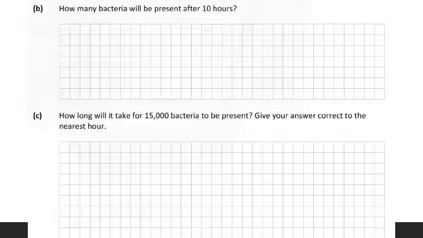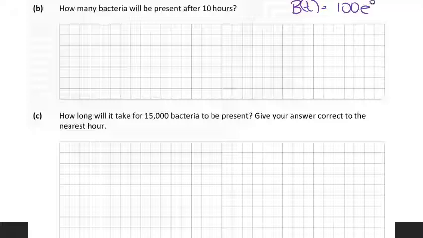So for any further questions, I can use my formula to help me. We worked out that it's 100e^(0.25068t). How many bacteria will be present after 10 hours? So after 10 hours, t equals 10.